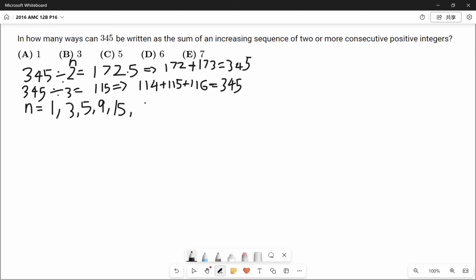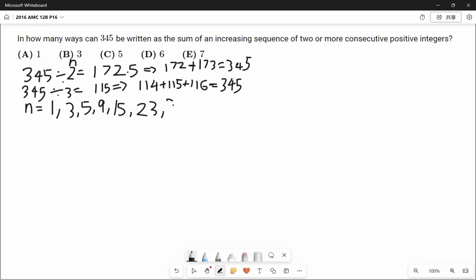Yeah, 15. And then 345 divided by 15 is 23. So 23 works, and I don't think any number in between works.